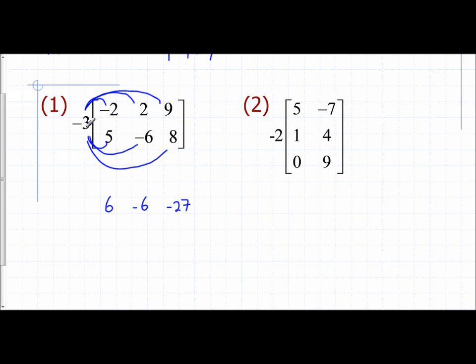Now do the bottom row, -3 and 5 is -15. -3 and -6 is a +18. And then -3 and 8 is -24. And so this is the final matrix after we do our scalar multiplication.